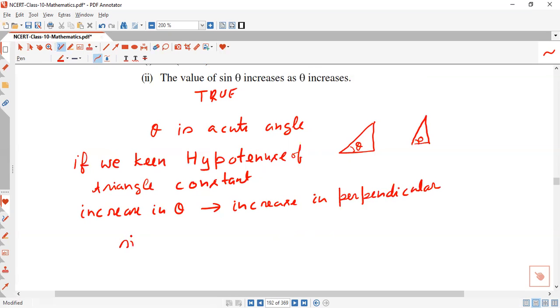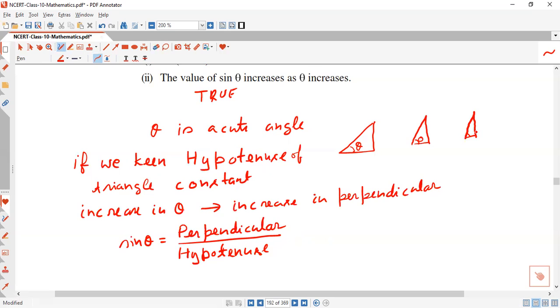And you know, sine theta is a ratio of perpendicular upon hypotenuse. So as theta increases, your perpendicular is also increasing. So sine theta increases as theta increases.